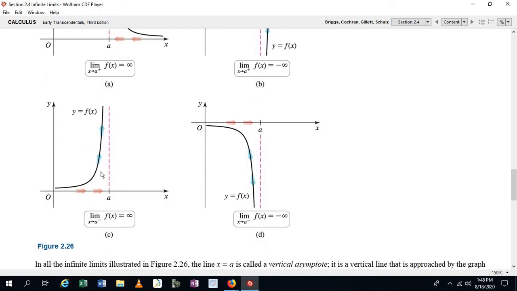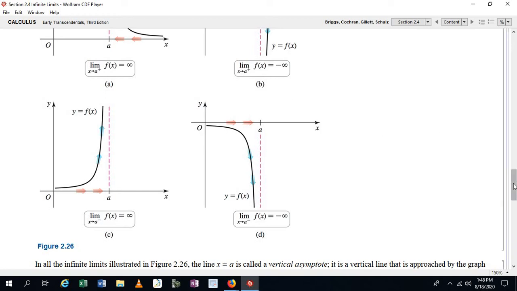The other two possible cases would be you could approach from the left-hand side of a, which you would denote as x approaches a from the negative side of a, with this negative superscript. In this case, I think you can see that the y value is heading towards infinity. Or it could be the case that you approach a from the negative side of a, and as that happens, you can see that the y value is approaching negative infinity.